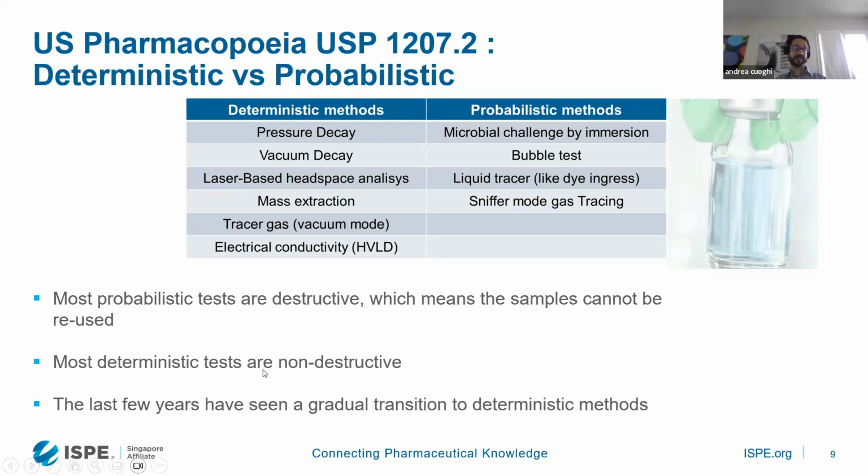Most deterministic tests are not destructive. Of course, this is as well a very positive point for deterministic methods. And in the last few years, we have seen a transition exactly for the point we have discussed right now, and we will see as well later on, to the deterministic.